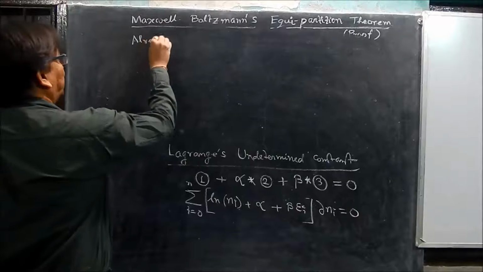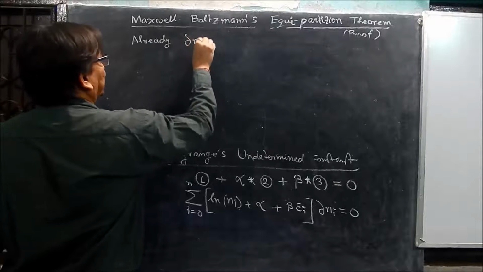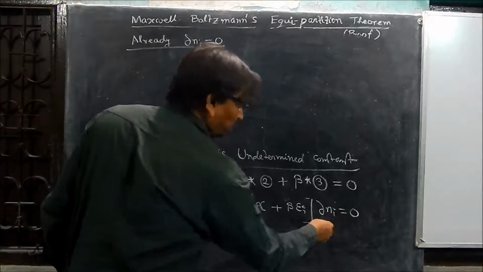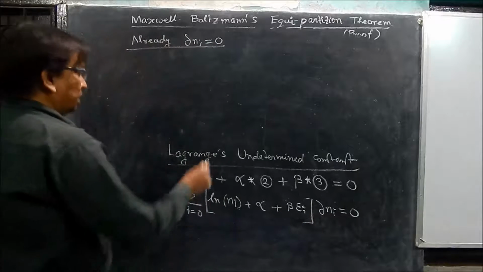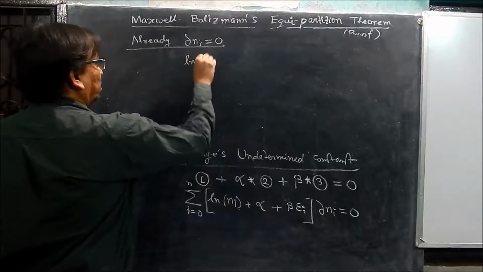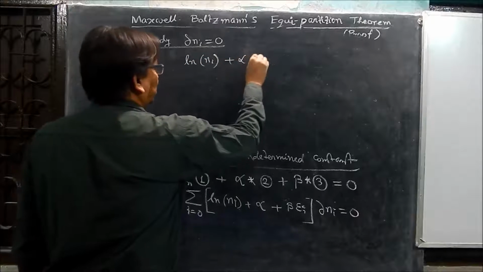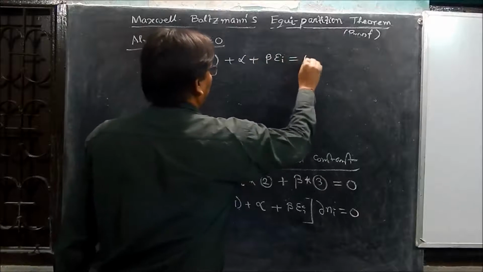So we cannot use this function because this is already 0. So we have to work with this thing. So if I take this, then ln of ni plus alpha plus beta epsilon i equal to 0.